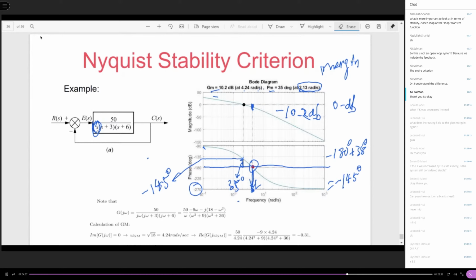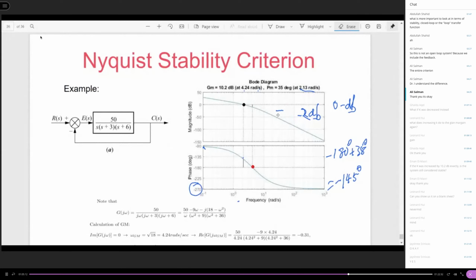Now I'm going to show you why, if you increase the K, the system could become unstable. Let's see, if we increase the K, what happens to the Bode plot?